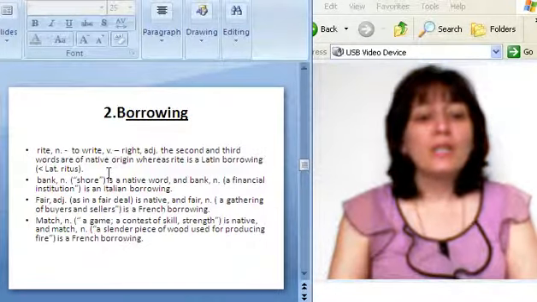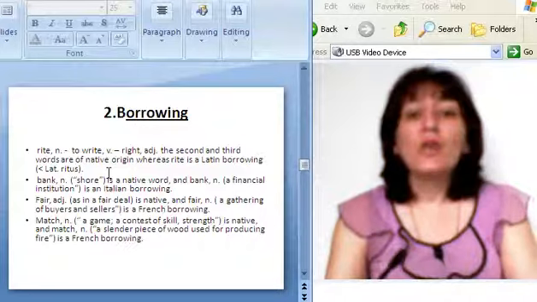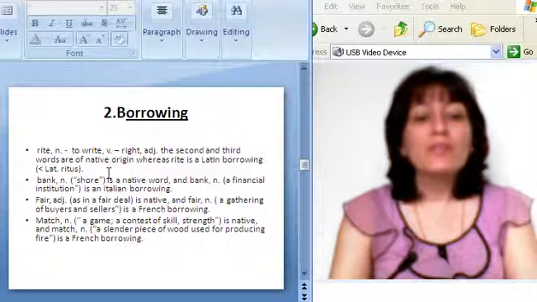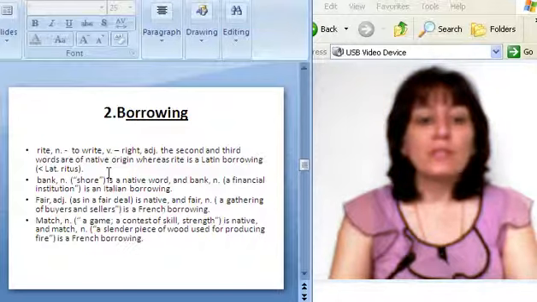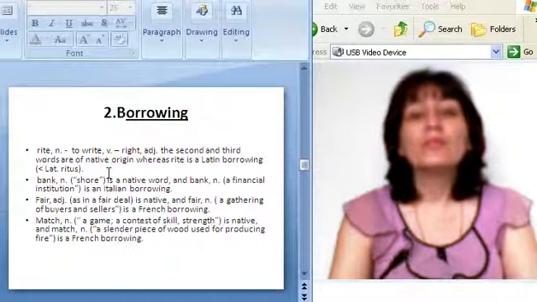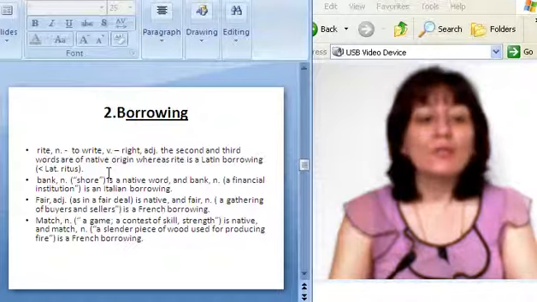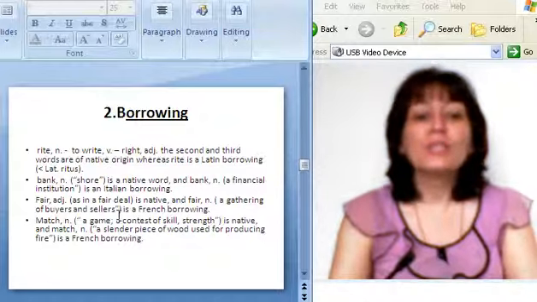So rite, write, and right. So rite as a noun, write as a verb, and right as an adjective. The second and the third words are of native origin, whereas rite is a Latin borrowing, yes. Bank as shore is a native word, and bank as a financial institution is an Italian borrowing.